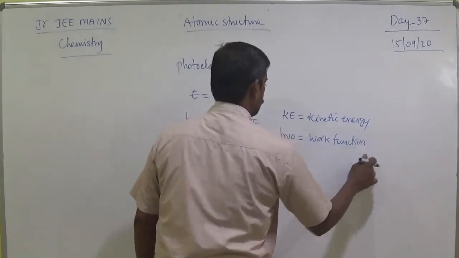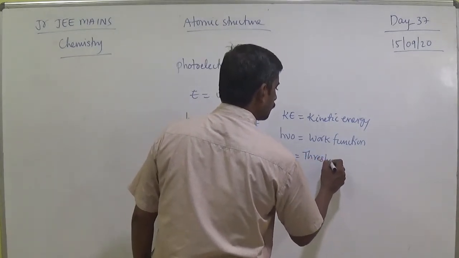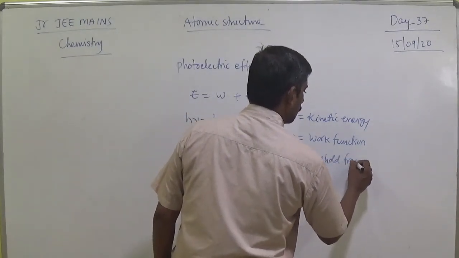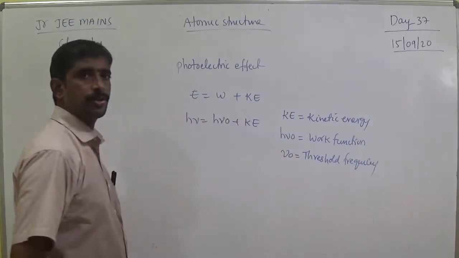Nu naught means threshold frequency, and h means Planck constant, you know.